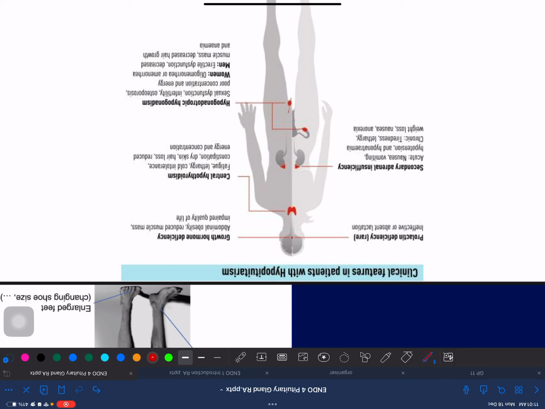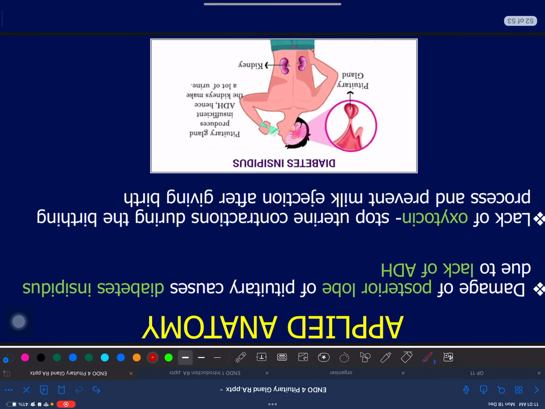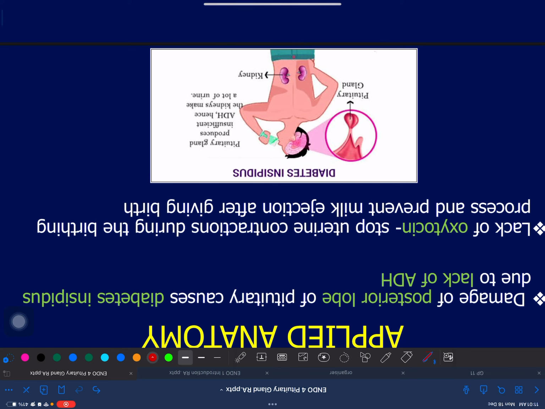Now, damage to the posterior lobe. The posterior lobe has only two hormones: ADH and oxytocin. If there is a problem with ADH, it can cause diabetes insipidus, not mellitus. I think you will go through this during pathology in the endocrine system.